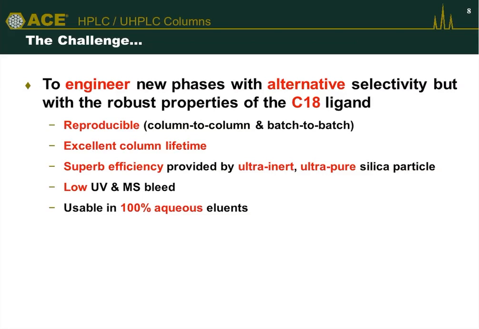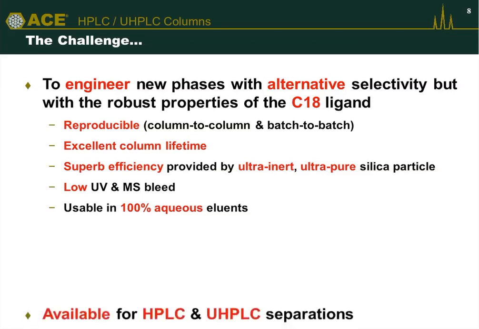All of these things lead to poorly reproducible methods, LCMS methods or LCUV methods, and that's not what you want as a chromatographer. Also, we want any phases we design to be usable in 100% aqueous eluents. So more and more we are now seeing people using very high aqueous or high buffer containing mobile phases as they're analysing more and more polar or mixed polarity samples.